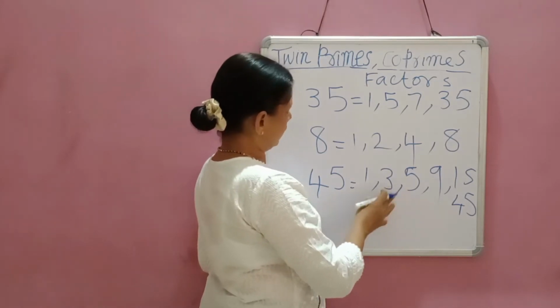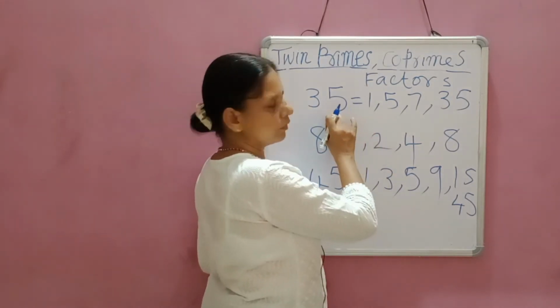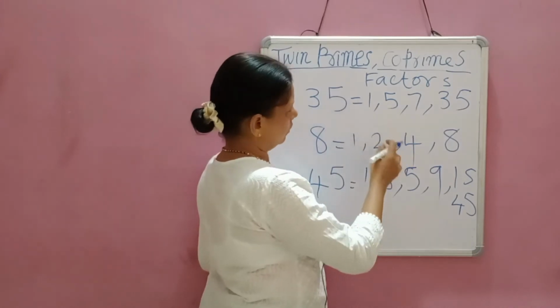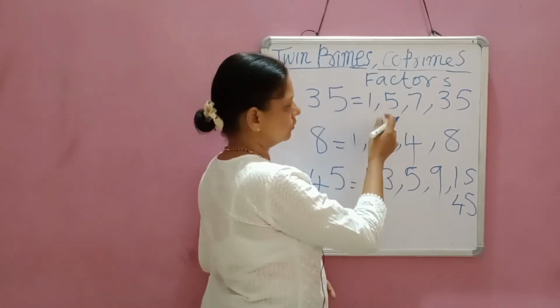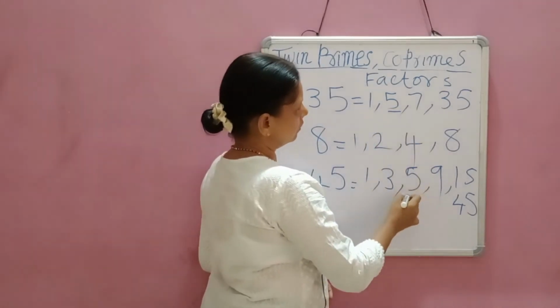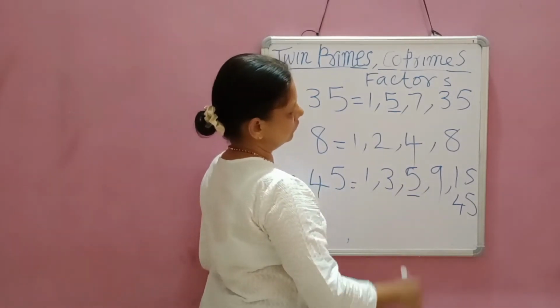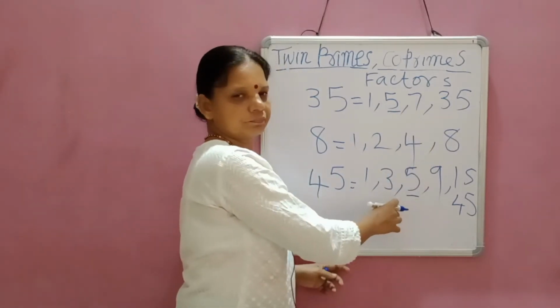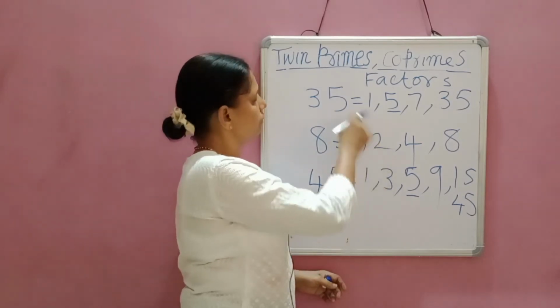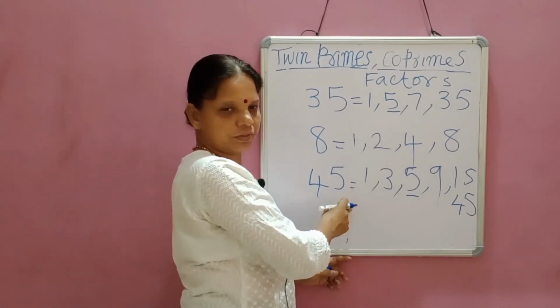When you consider the factors of 45 and 35, don't see 1, 5 is there here. 5 is a common factor in both the numbers 35 and 45.